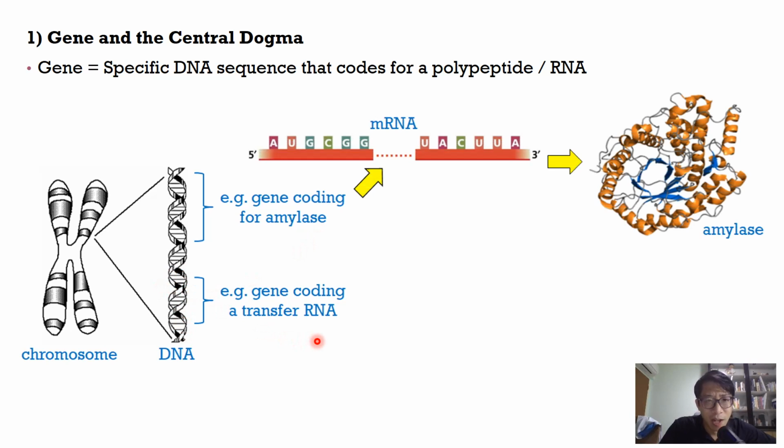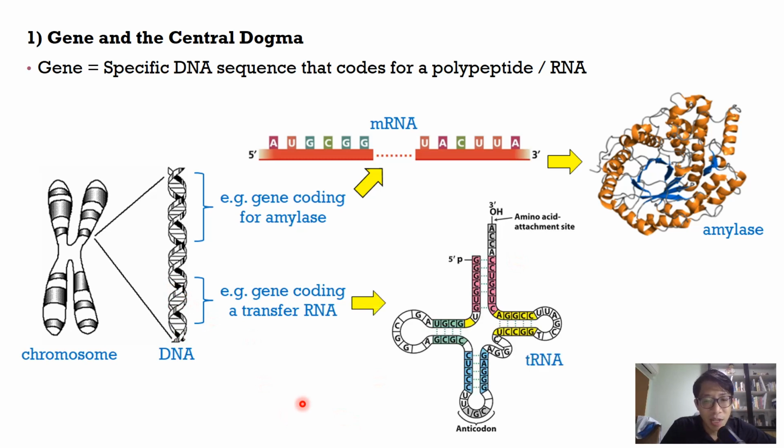Right, so the gene that codes for a protein would be transcribed into a mRNA molecule, which is then translated into the protein amylase. But for the gene that is coding for a tRNA, it is transcribed into a tRNA. The tRNA does not go on to be translated. So the mRNA goes on to be translated into a protein, but the tRNA remains as a tRNA.